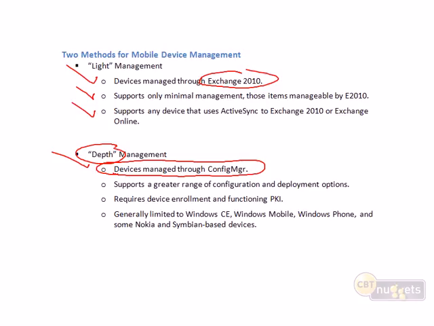If you do, you have to configure the mobile device settings using configuration baselines. We talked a number of nuggets ago about how you can use configuration settings and baselines to do settings management. Well, for devices in the depth scenario, the settings are managed via configuration settings. None of the settings are coming through the Exchange connector at this point.